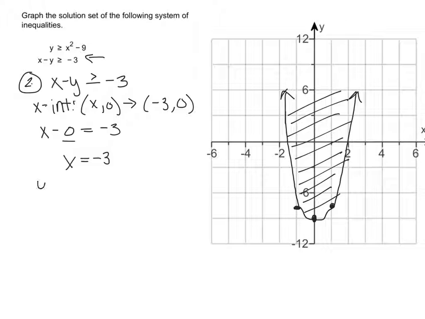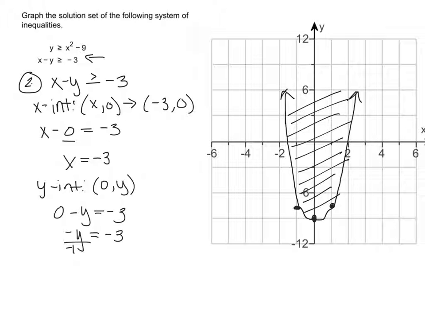Next, we'll find our y-intercept. To do that, we're just going to substitute a 0 for x and solve for y. So I have 0 minus y equals a negative 3. That gives me negative y equals negative 3, and I'll divide both sides by negative 1, so I have y equals a positive 3. So the y-intercept is 0, 3.